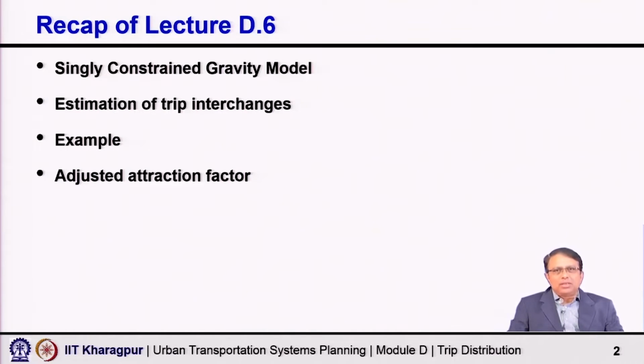Then we took an example to demonstrate how such models can be applied to get the trip interchanges which will match the row totals and the column totals. That means which will match the productions and attractions, both constraints.